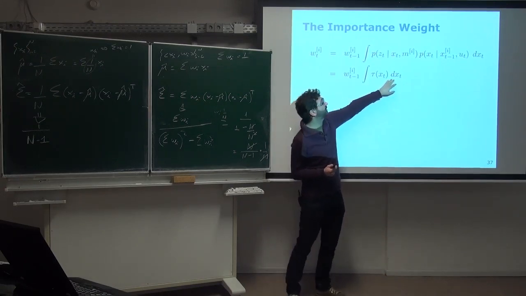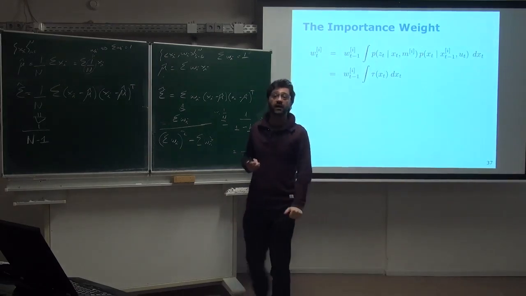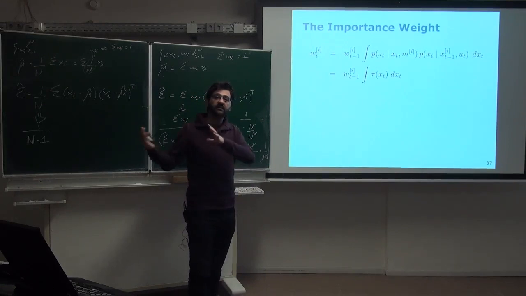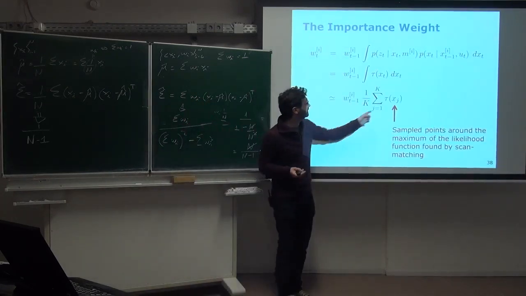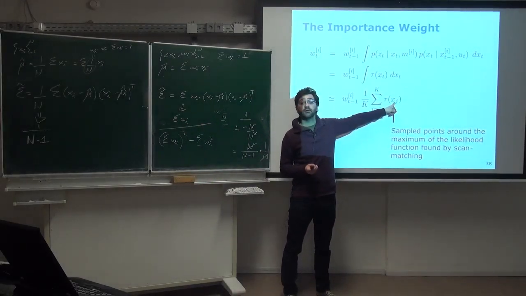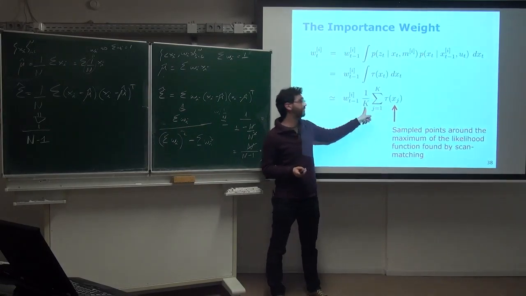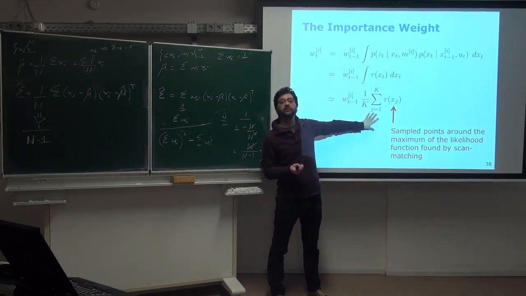We sample uniformly in the domain of x, and we evaluate tau at the sample points, and then the integral becomes a sum, and we normalize it with respect to the number of points. So what ends up is that we sum up tau at several uniformly sampled points, and then we divide this whole sum by the number of points that we used. Okay? So this is the way of computing an integral.